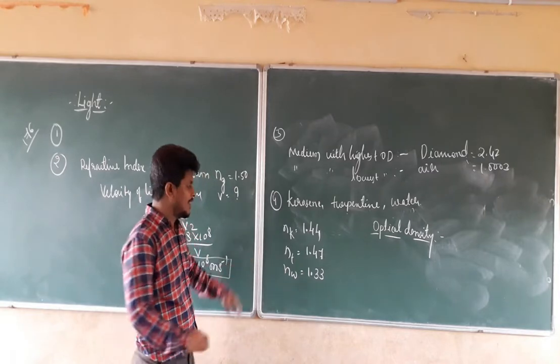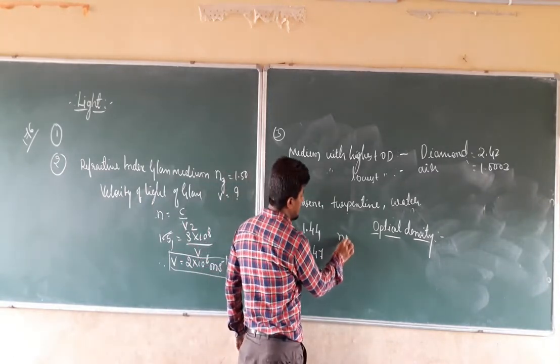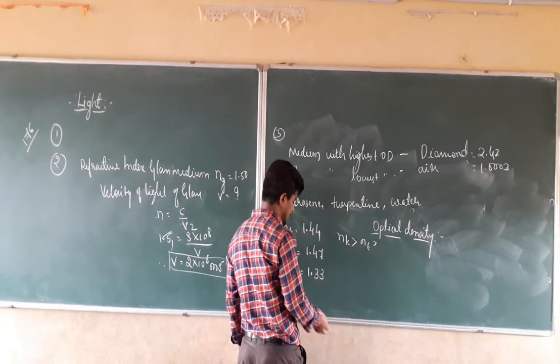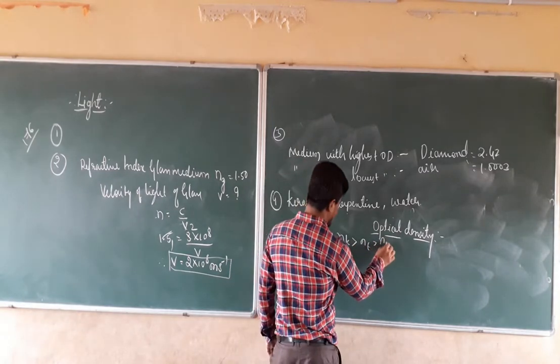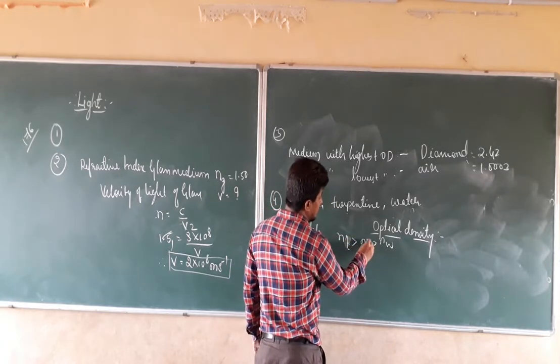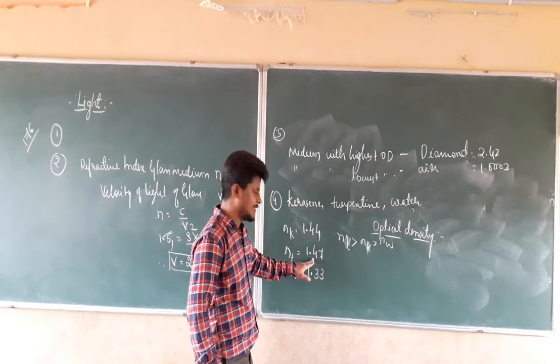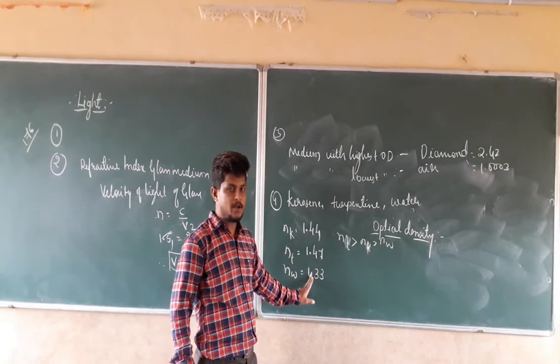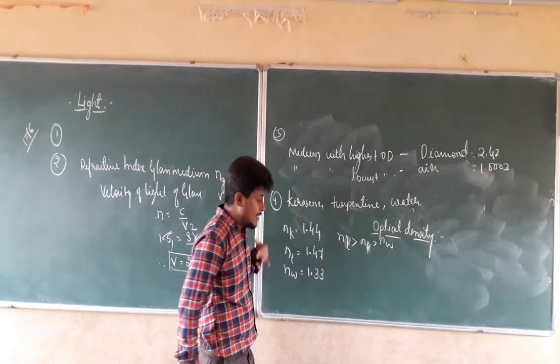When you check all the data, the refractive index of turpentine oil is greater than the refractive index of kerosene oil, which is greater than the refractive index of water.